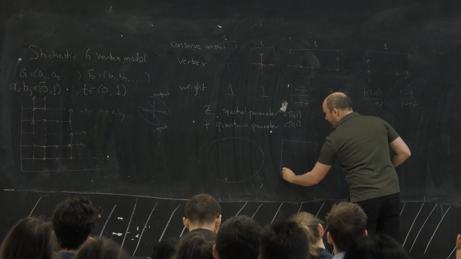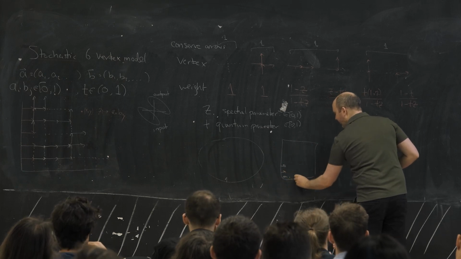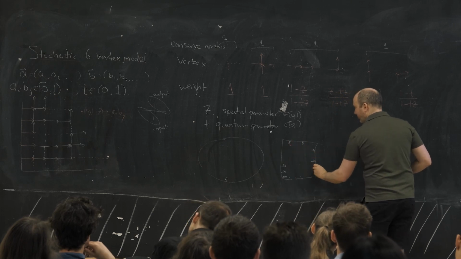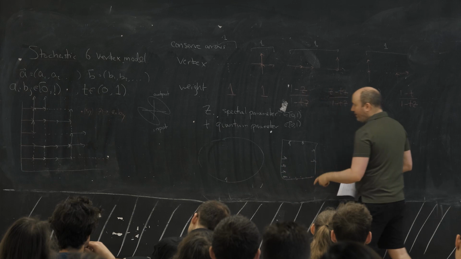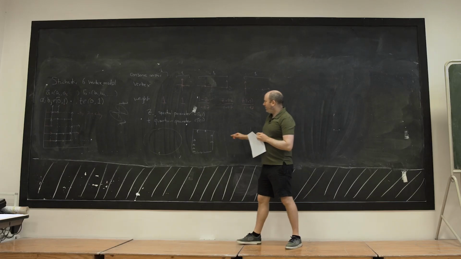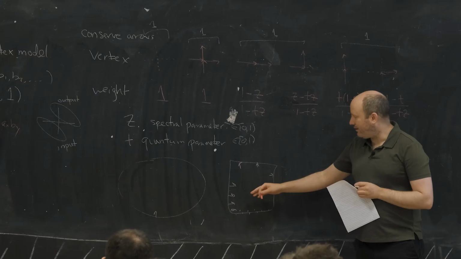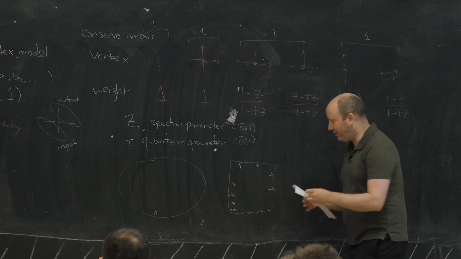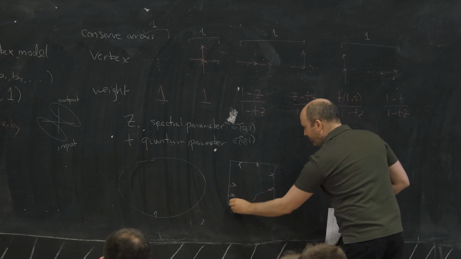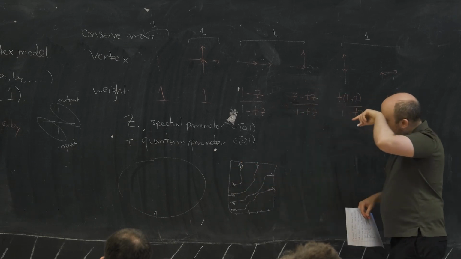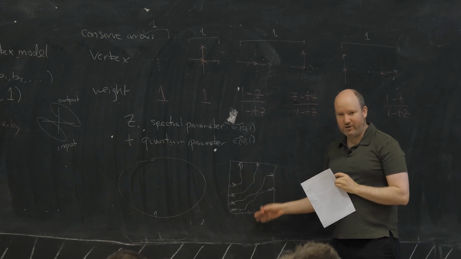You specify certain boundary conditions on all of the 4 edges. Maybe you have arrows coming out in certain locations. And then you say, subject to these boundary conditions on the whole region, the measure that I look at is given by taking the product, so the probability of seeing a particular configuration of arrows in between is equal to the product over all the vertices in between normalized by a partition function.